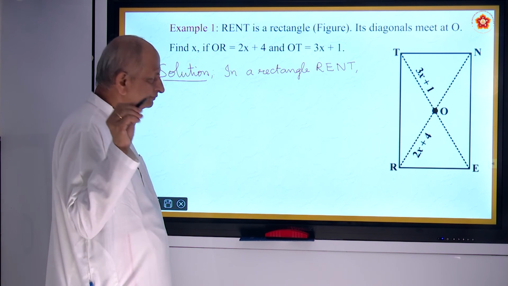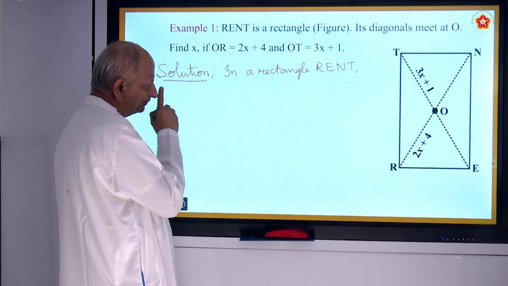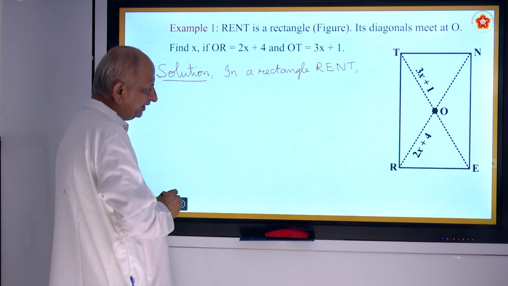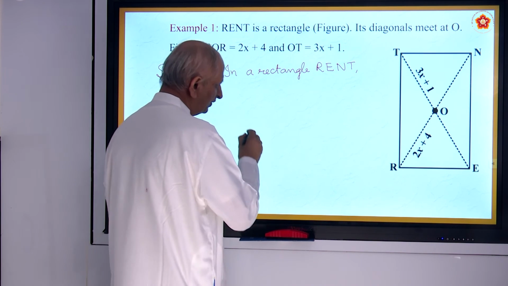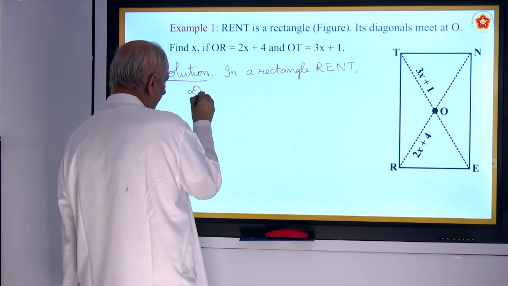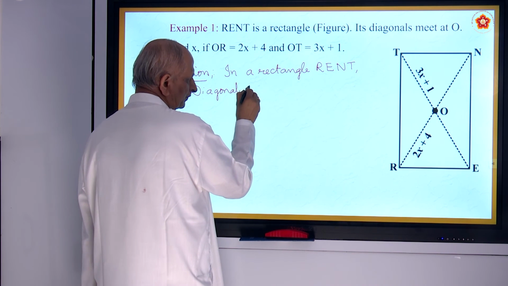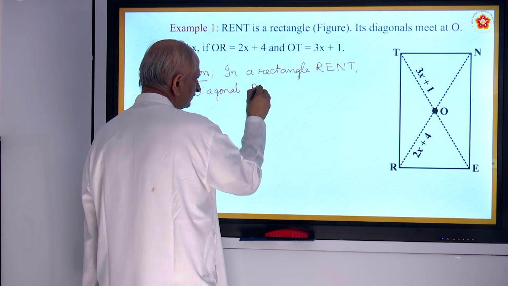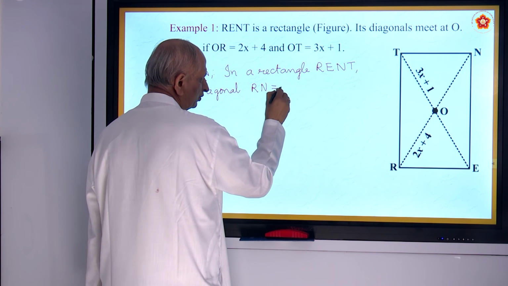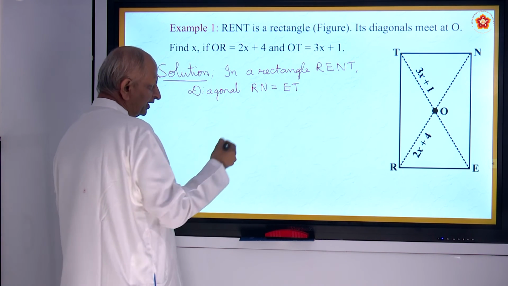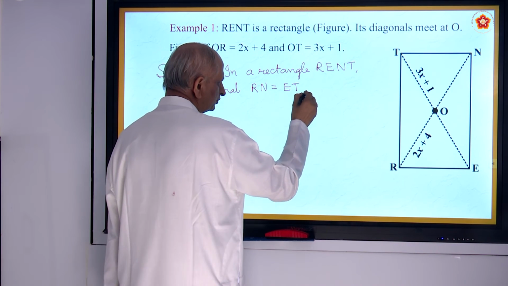Diagonals are equal, is it not? And they bisect each other. When they are equal and bisecting each other, so we will write it. So diagonals RN is equal to ET. Just now proved, is it not?